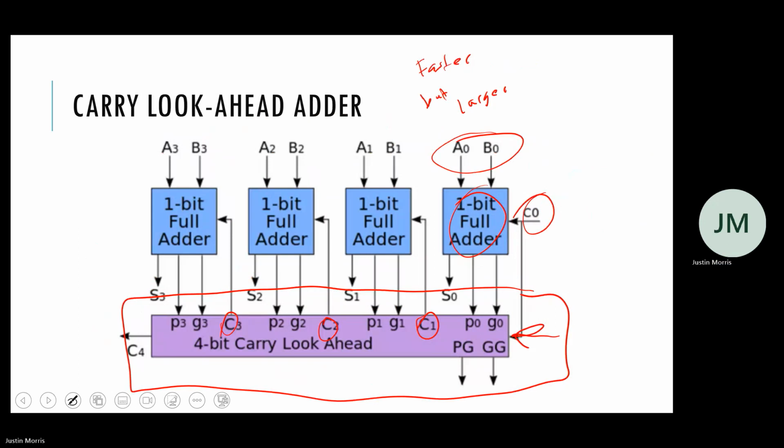And then here it's calling the carry in C0, so it's C1, 2, 3, 4. But do we see how to expand out this equation? I did the first and the second one.